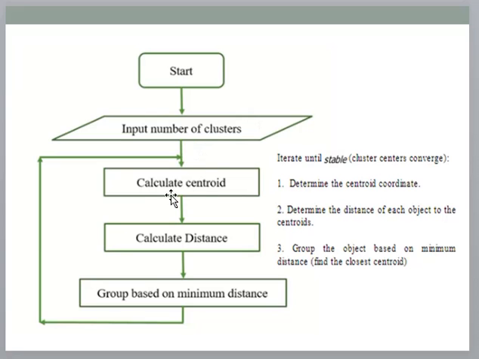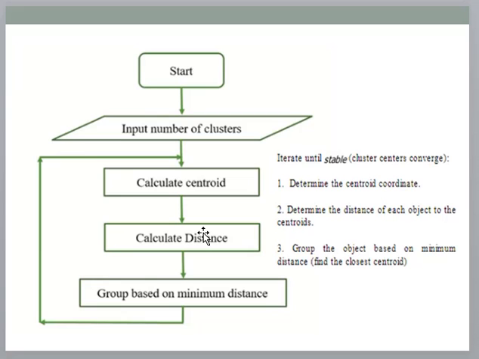Then we calculate the centroid of that cluster, which is sometimes also called the cluster center. Then we calculate the distance between an item or data sample and the cluster center, and based on the minimum distance we do the grouping, and we repeat these steps until we reach convergence.